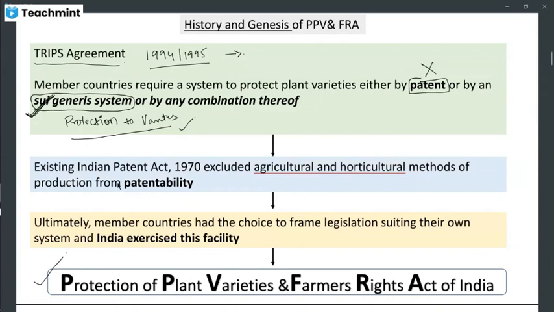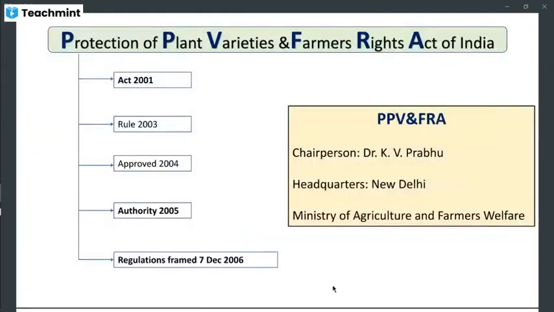So no one in India can patent a crop or a crop variety. The only option left is to design a unique system, so India used this option and developed an authority named Protection of Plant Varieties and Farmers Rights Act.